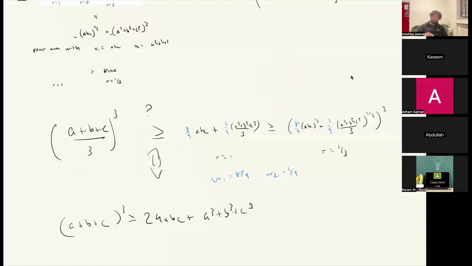But this is just true, right? Because when you expand, the a cubed, b cubed, c cubed will cancel, and what you'll have left is something like a squared b compared to abc, and it just majorizes. Does it make sense?